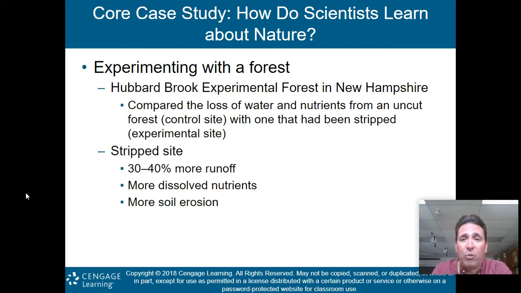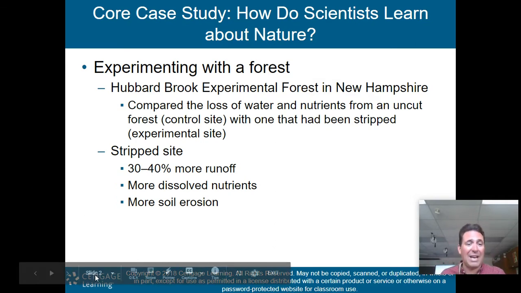So it compared the loss of water and nutrients from an uncut forest, a control site, to one that had been stripped, the experimental site. And what they found was that the stripped site had 30 to 40% more runoff, more dissolved nutrients in the soil and in the water, which isn't necessarily a good thing. We'll talk about that down the road. And more soil erosion. So actually most of the soil, or a lot of it, was washed away.